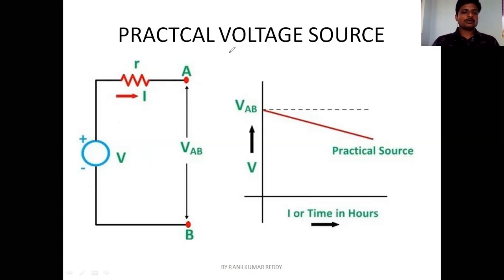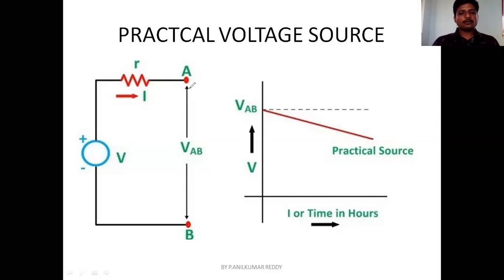An ideal voltage source will have no internal resistance, but practically there will be a small internal resistance in series with the ideal voltage source. For a practical voltage source the internal resistance will be very small, but it is still there. For the ideal voltage source, the internal resistance is 0.